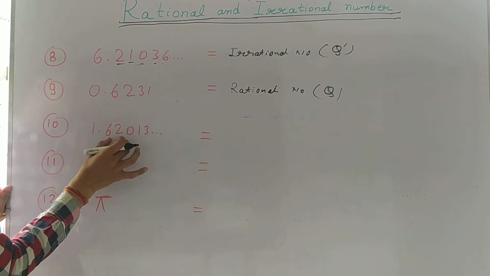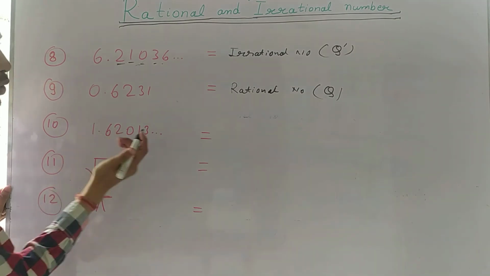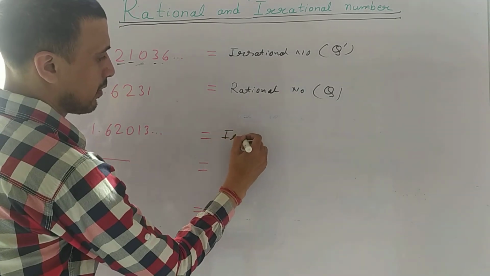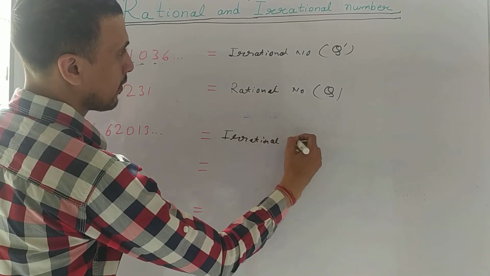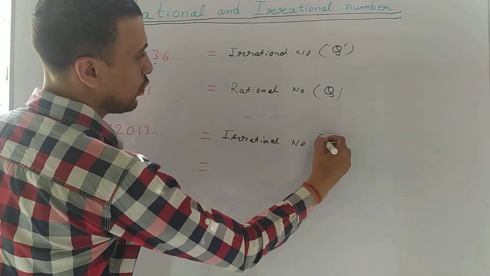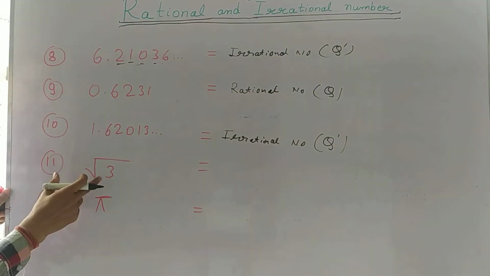Non-terminating and there is no pattern, right? So it means irrational number, Q dash.